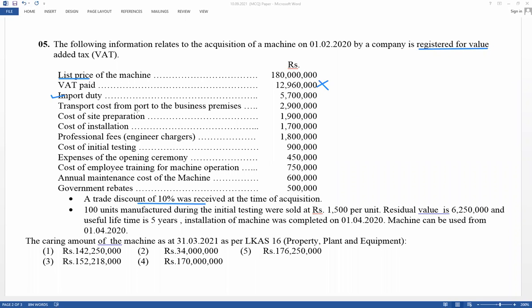Transport cost from the port to business premises also should be considered. Cost of site preparation should be considered as a part of cost value. Cost of installation should be considered. Professional fees should be considered. Initial testing also should be considered, but not the total value.